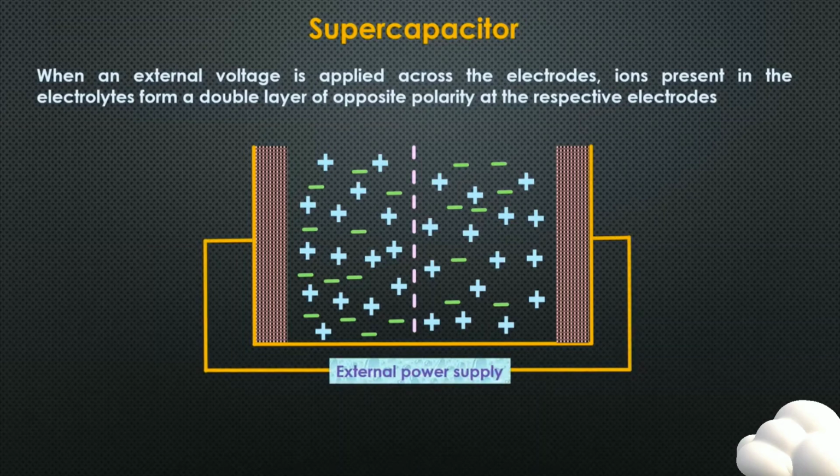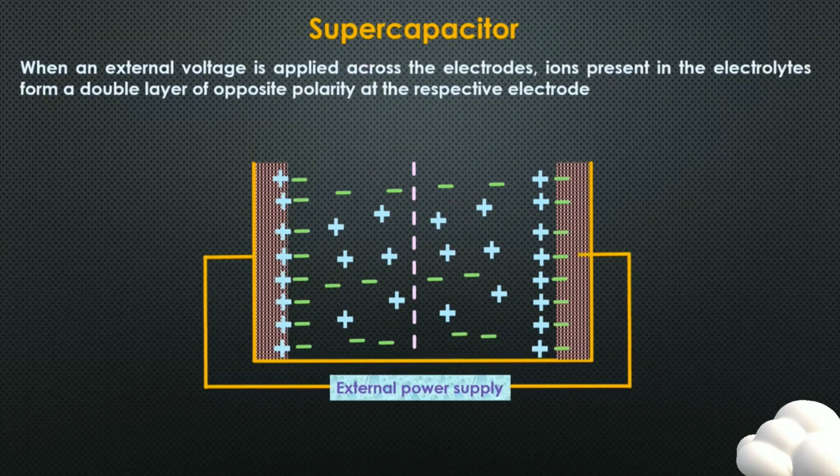So this is what we have shown in the figure. We have applied external polarity, and as soon as we apply external power supply, opposite polarity of the ions are shown, which is also called the Helmholtz double layer. So this is a potential difference which will be formed on the two sides of the capacitor.